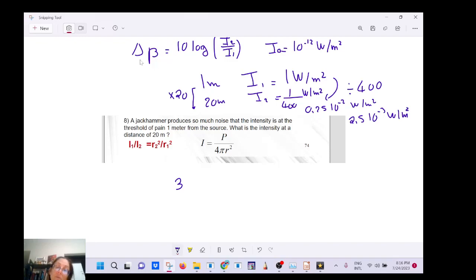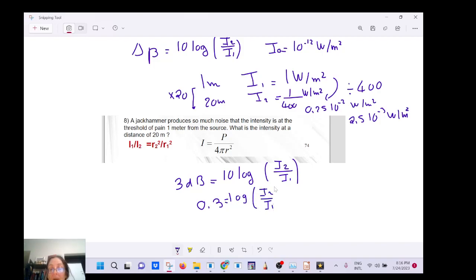So if you have a change of 3 decibel, let's solve for I2 over I1. Divide by 10 on both sides. It's going to be 0.3 equals log of I2 over I1.